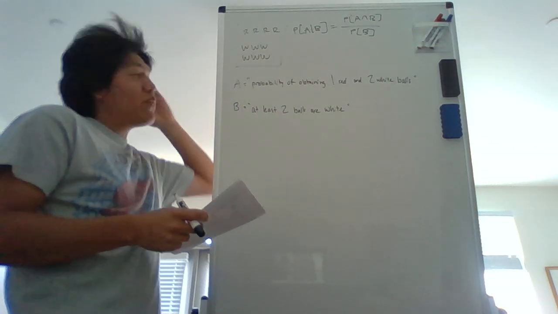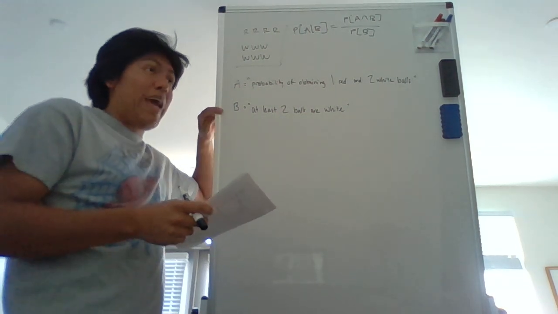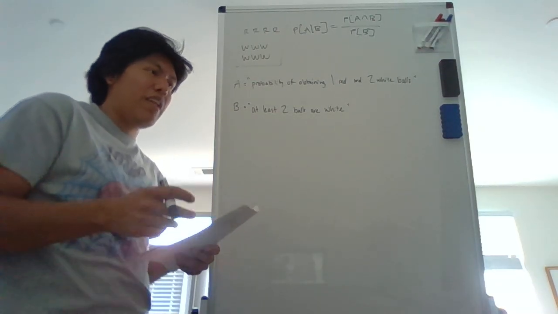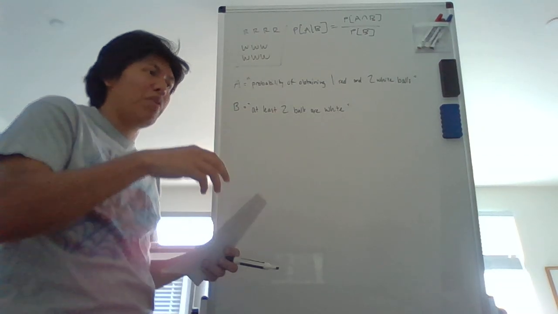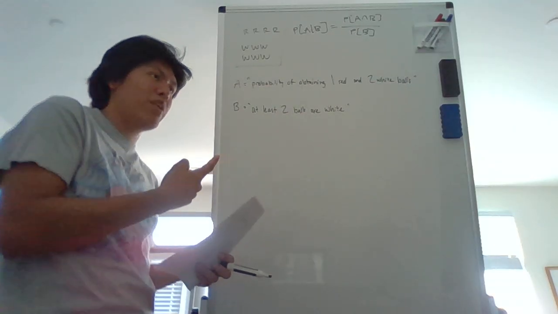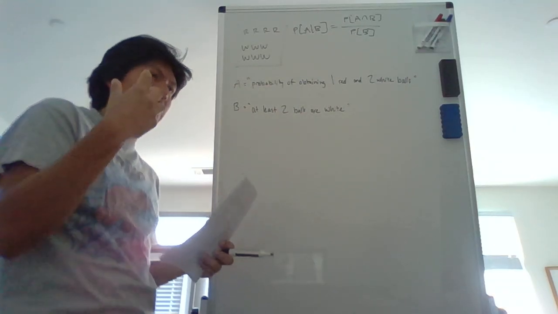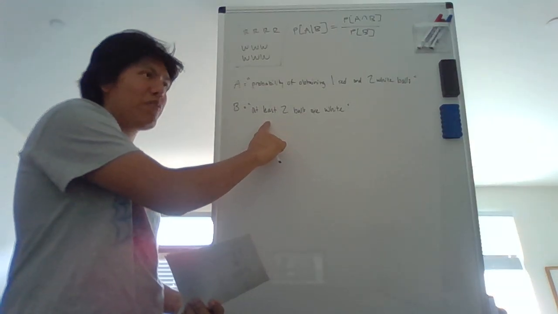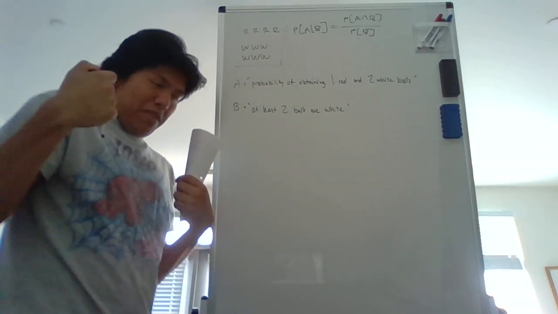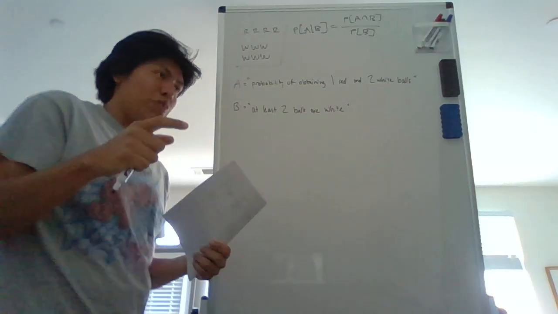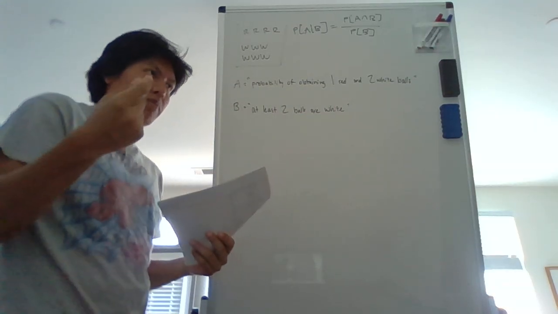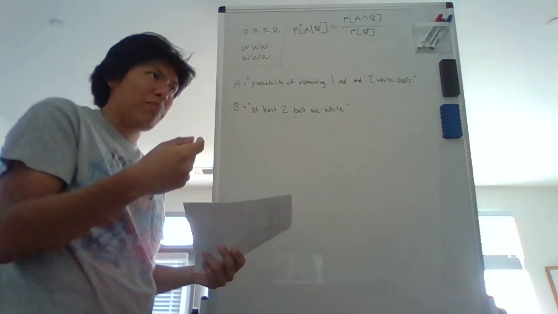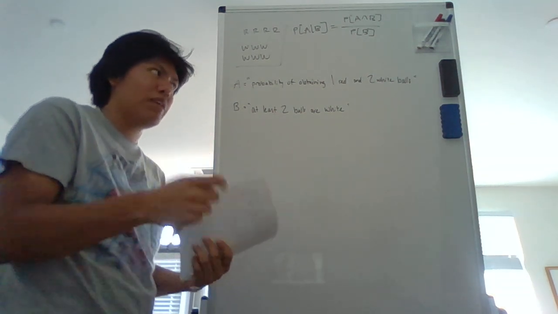Since it says at least 2, that means either we pull out 2 white balls and 1 red, or we pull out 3 white balls and 0 red, right? Because we also have to consider the situation where we pull 3 white balls out, because that's still at least 2. We pulled out 3 white balls, but at least 2 of them were white.